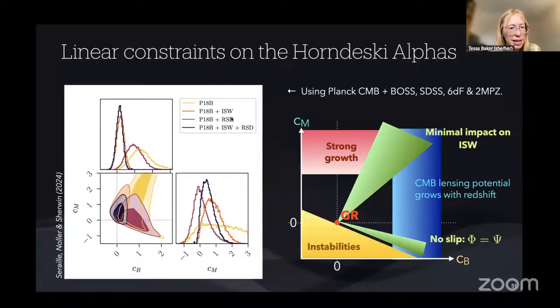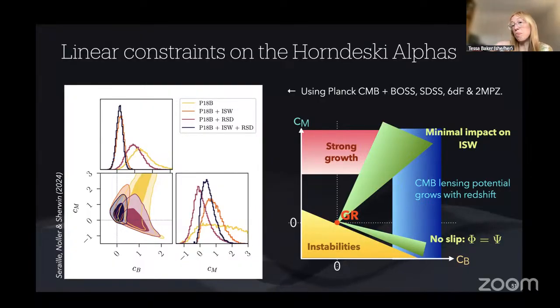They've got some galaxy clustering data in the pink, and in the dark purple is where they combine everything together. And so the yellow and the pink curves are kind of what we had before. There's that slight shift away from the zero value of CB. But if you bring in that ISW galaxy cross correlation, it seems to shunt the curve back towards being around the zero point.